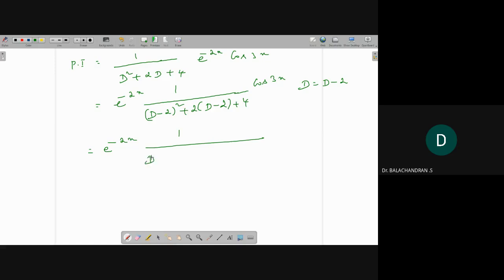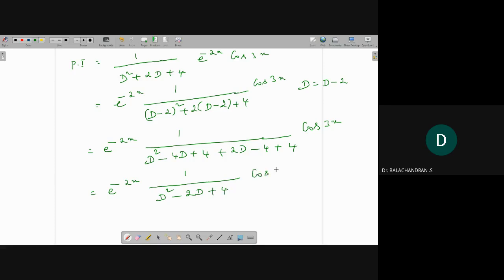Expand it: D^2 - 4D + 4 + 2D - 4 + 4. So this is equal to e^(-2x) 1 by (D^2 - 2D + 4) cos 3x.